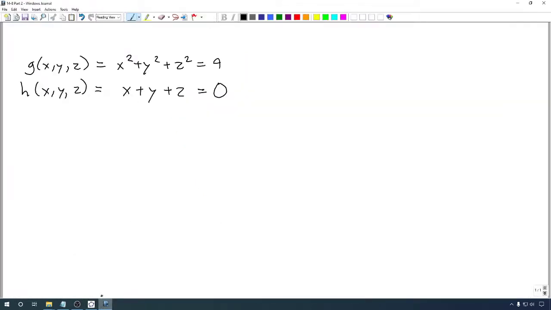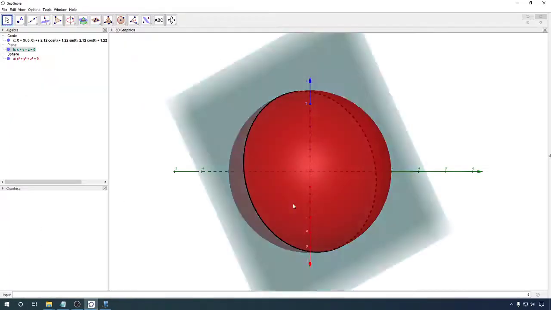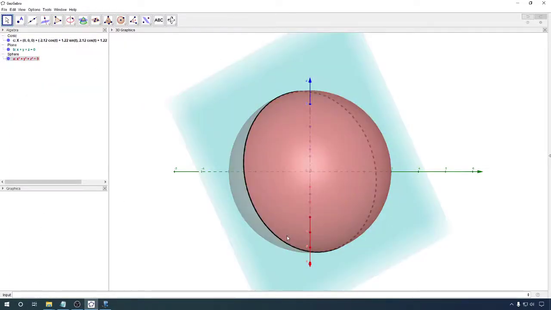Now, I haven't given you a function yet, but let's say we had a function f of x, y, z equal to, say, x squared plus yz. We want to be able to maximize or minimize that function. In fact, we're guaranteed that there is going to be a maximum and a minimum on this set, because this is technically a closed set in three-dimensional space.